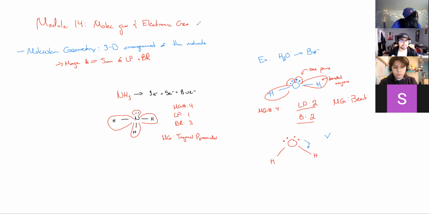And now let's define what our electronic geometry is. So what is our electronic geometry? Tetrahedral. Oh, sorry, no, the definition of electronic geometry. Right now we'll look at what our electron geometry is for these molecules.